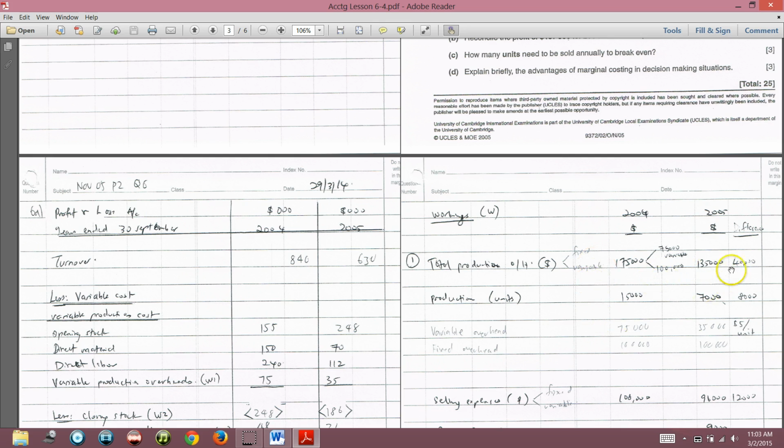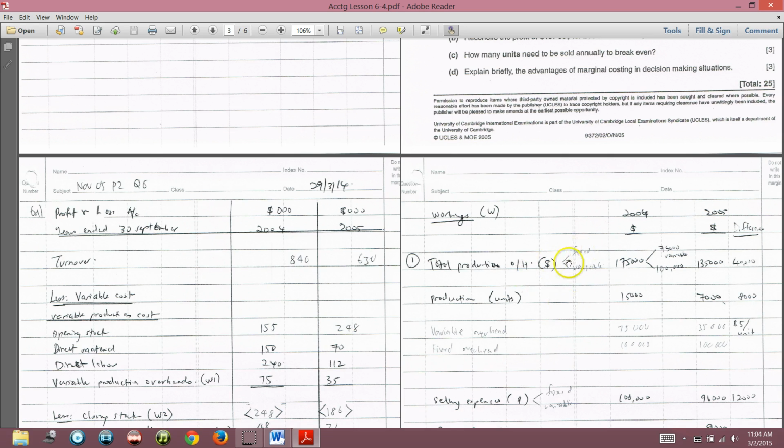As production increases, the variable production overhead will increase in direct proportion with production. So from 135,000, as it increased to 175,000, the difference is 40,000. As the production unit increases by 8,000, the variable production overhead increases by 40,000, because fixed production overhead will not increase, it will stay fixed.